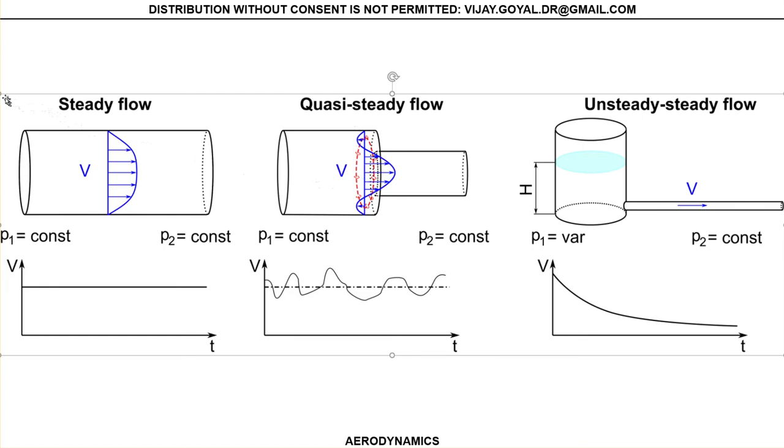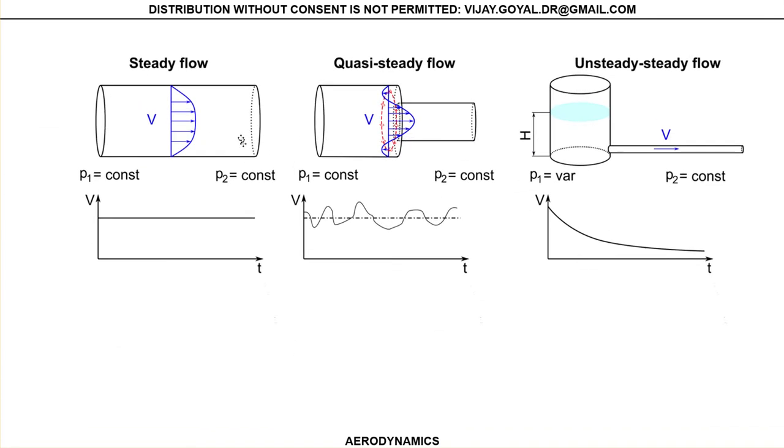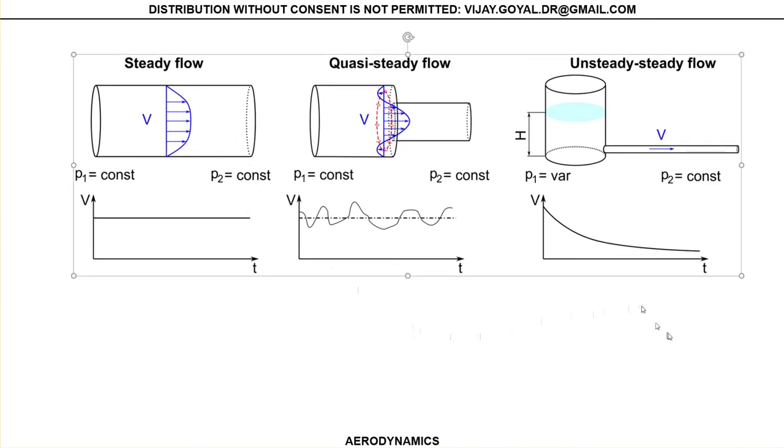There's the case of steady flow and there's the case of unsteady flow. For the case of steady flow, well, before we do that, let's consider three different cases. We have the case of steady flow. It's a flow where velocity and everything will remain completely constant: the temperature, the velocity, everything.